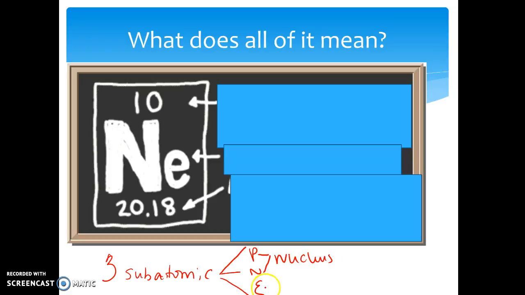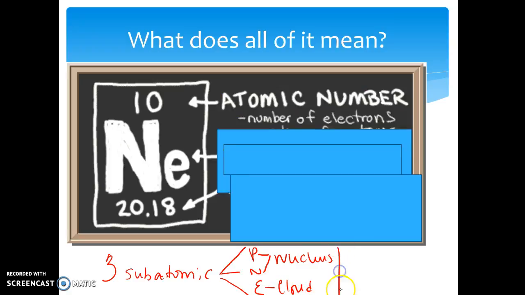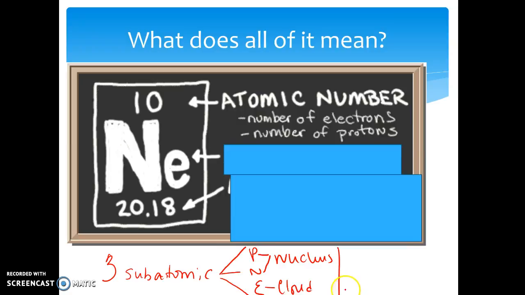Electrons are found in the cloud, and they're found in the cloud because they have no mass. However, protons and neutrons do have mass, so that's the only part of an atom that has any weight. So whenever we talk about the mass of an atom, we're only talking about protons and neutrons.